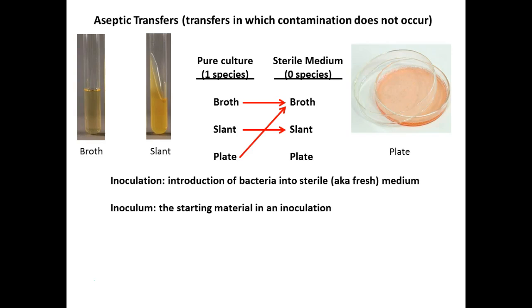Now, you could pick up a lot and have a heavy inoculum. That's typically not what we want to do, because microorganisms are microscopic. You only need a small amount usually to grow up a whole bunch more. So we want to develop the technique of doing a light inoculum, taking a small amount.